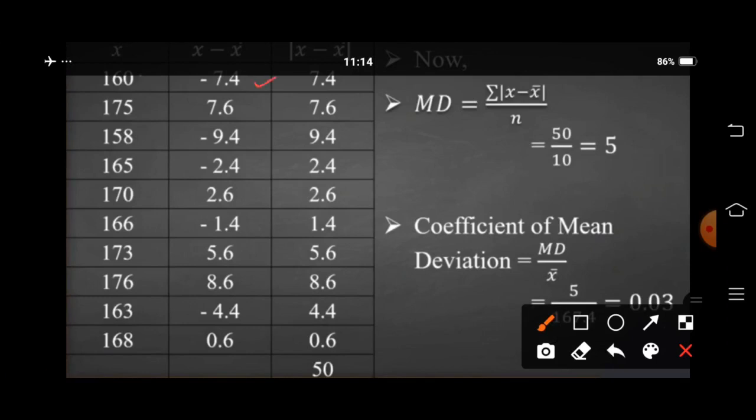Then here 175 minus 167.4 would be 7.6, minus 9.4, and so on.